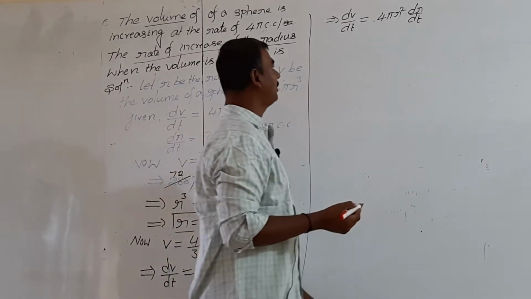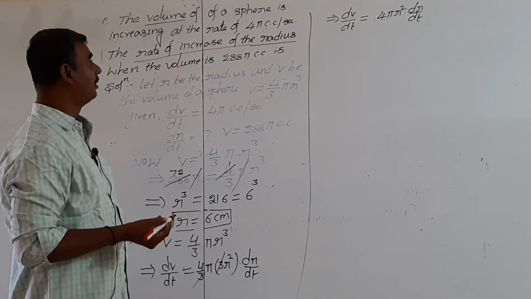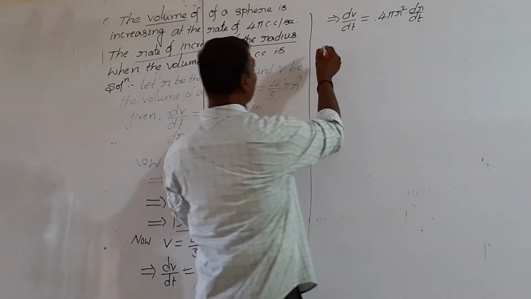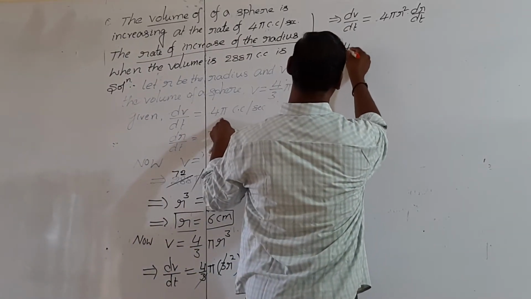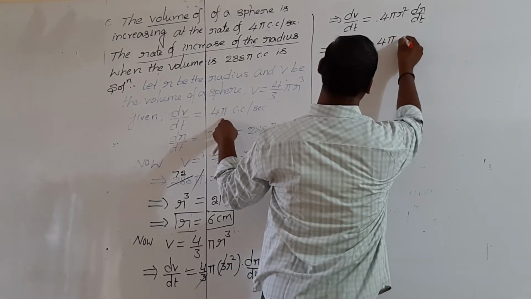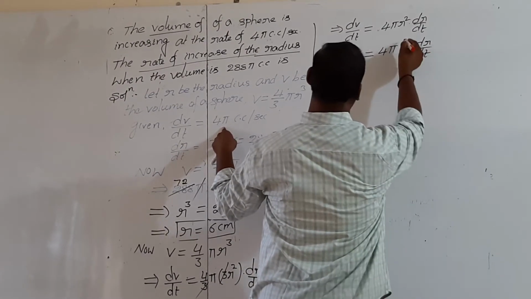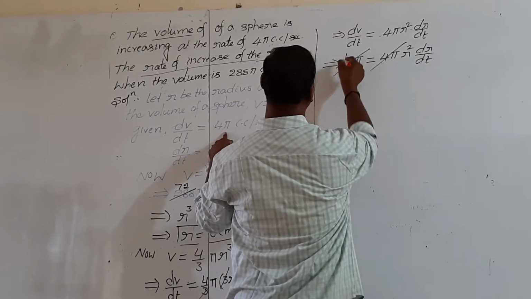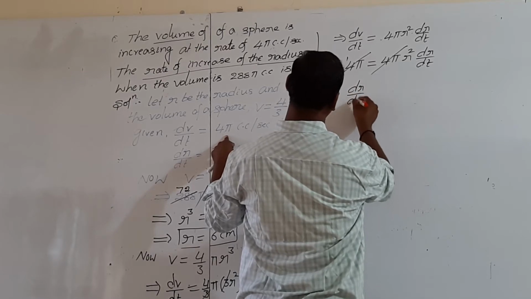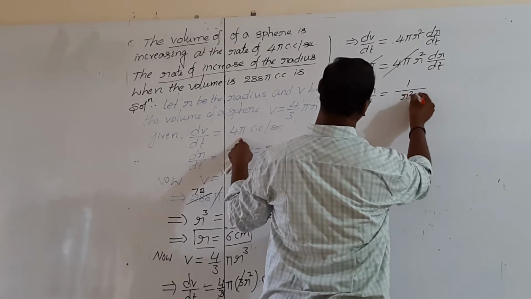After the differentiation, substitute the instant value, r is equal to 6 centimeters, and the given dV by dt value of 4 pi. Substituting here, 4 pi is equal to 4 pi r square dr by dt. On both sides 4 pi cancels. So what is the remaining? dr by dt is equal to 1 by r square.